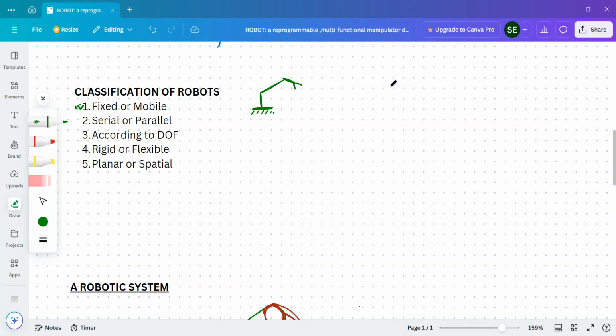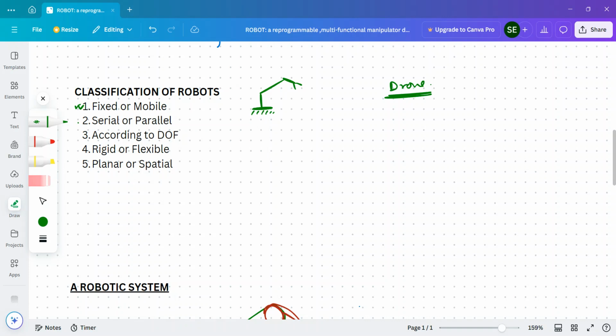A drone is a mobile robot, as are robots with wheels or legs. A humanoid robot is also a mobile robot.